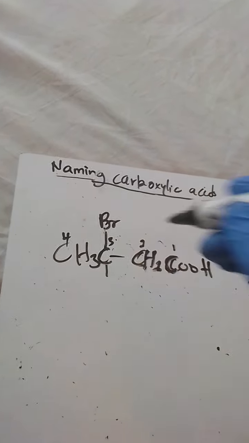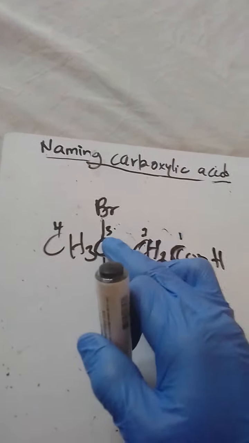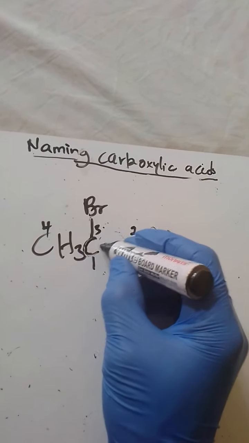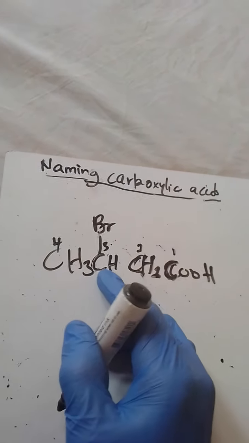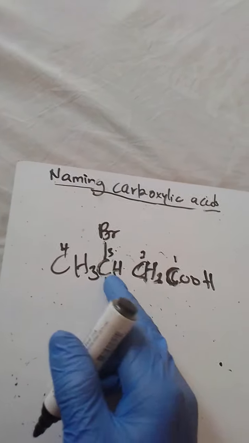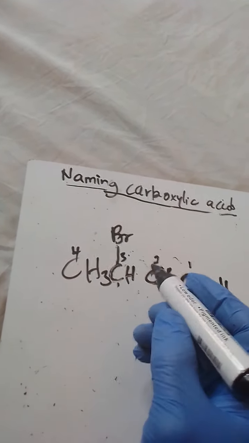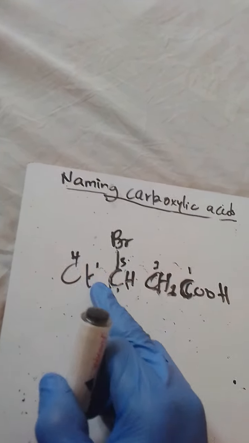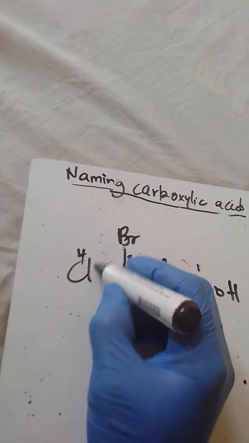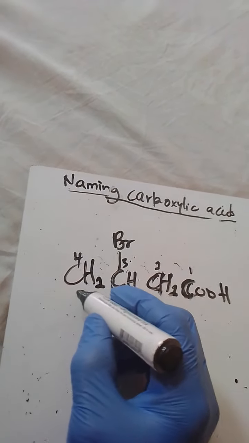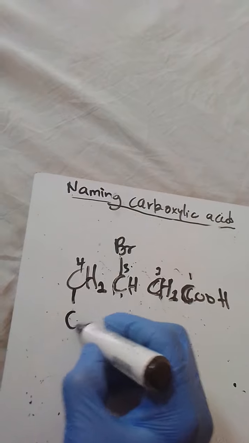Let's say we have one bromine here. On this side, there is a chlorine. One of these hydrogens has been replaced by chlorine. So here you have a chlorine.